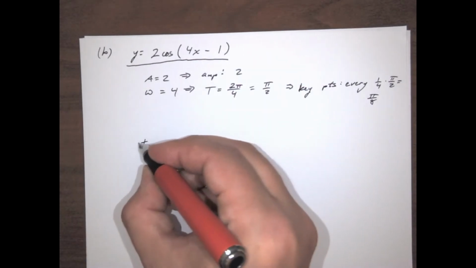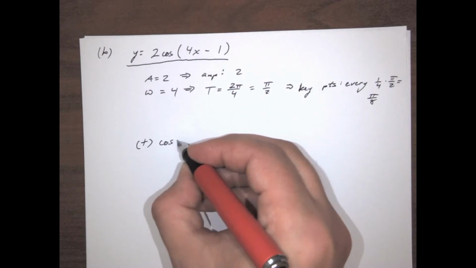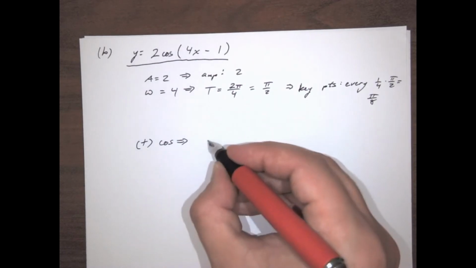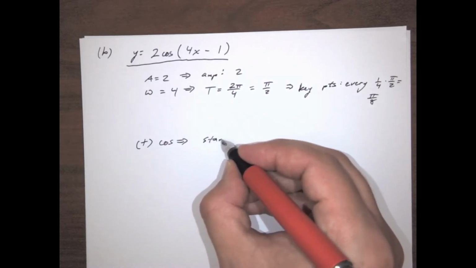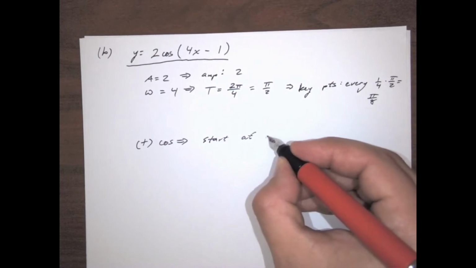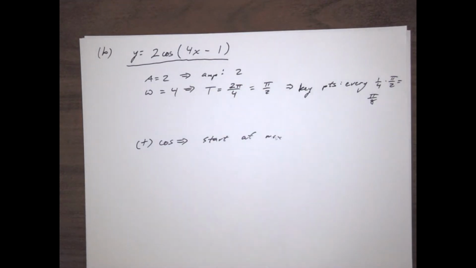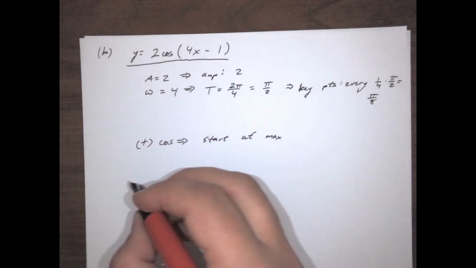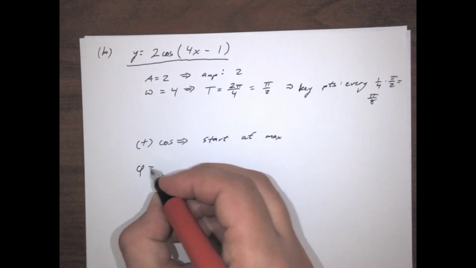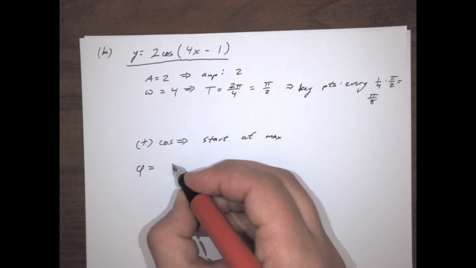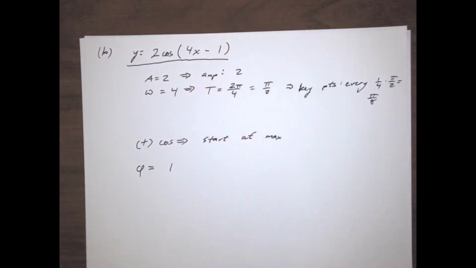Okay, what else do we know? We have a positive cosine, which implies that we are starting at the maximum. So cosine starts at the maximum. If it's negative cosine, it starts at the minimum. All right, what else we have? Phi is equal to 1. So that's the number being subtracted there.